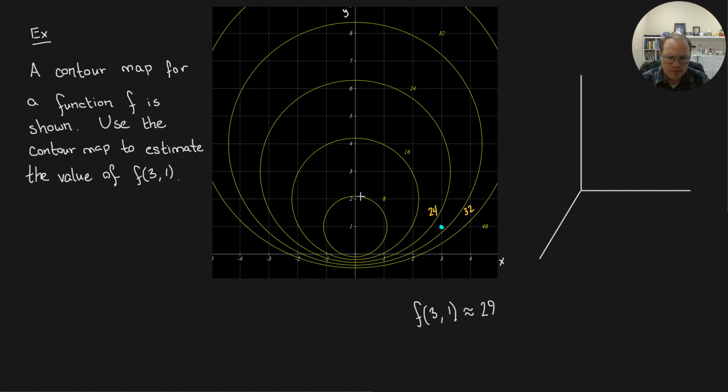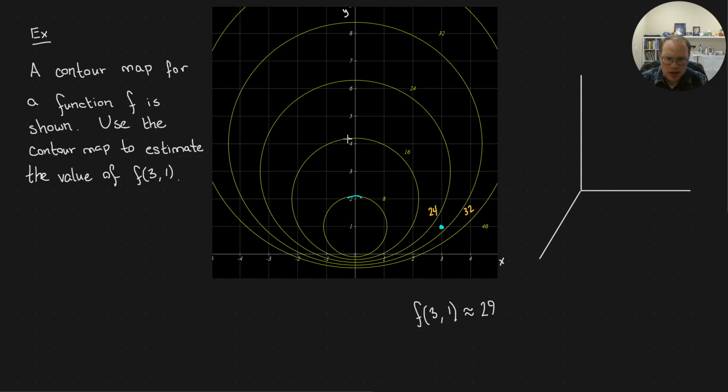Each level is represented by circles, but the circles don't share the same center. Over on this side, the levels are real close together. That means I'm increasing my height, my z value, my function value very quickly, from 8 to 16 to 24 to 32 to 40.